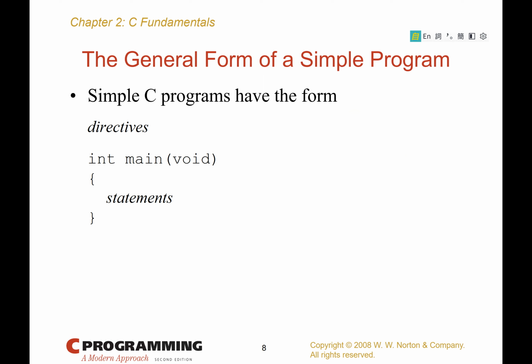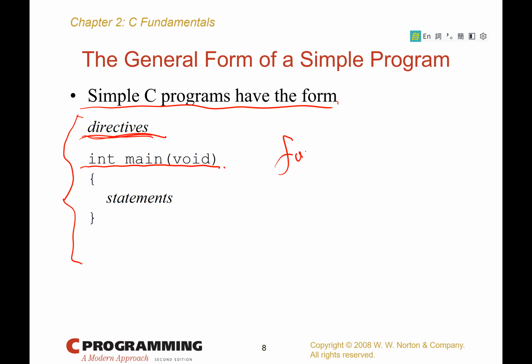Now, a simple C program has this kind of format. It starts with a preprocessor directive, and then we have a so-called function prototype, or function declaration.